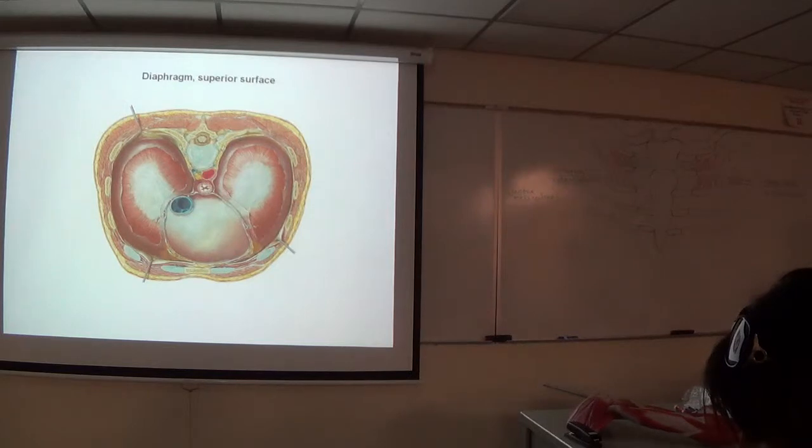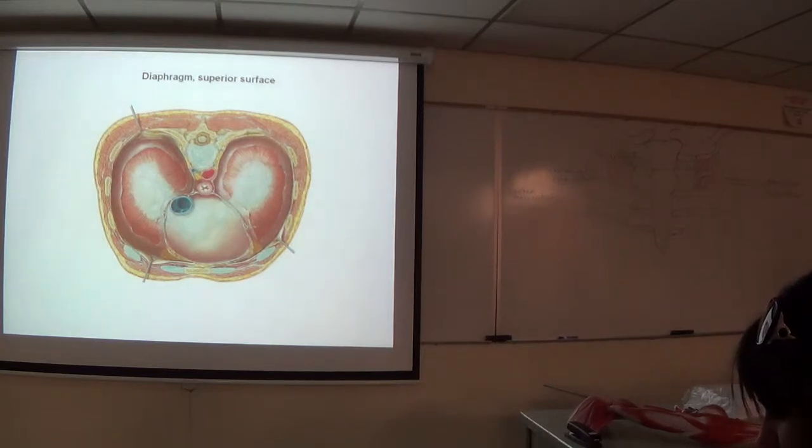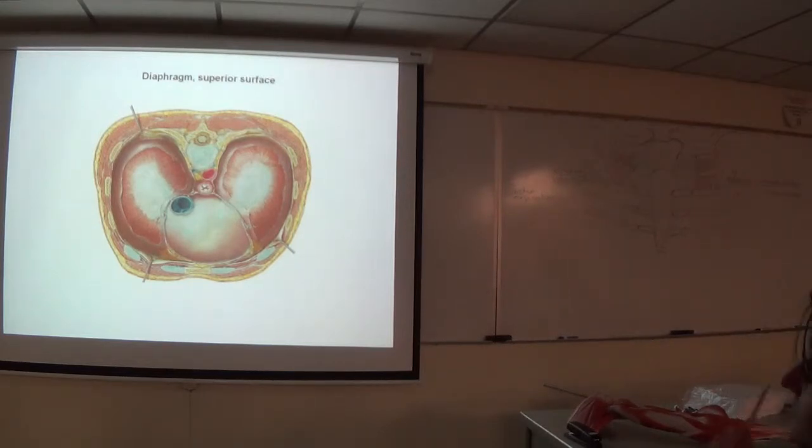When you breathe in, the diaphragm becomes lowered, so you increase the vertical distance, increasing the overall thoracic cavity volume. And then when you breathe out, the diaphragm raises, decreases the volume of the thoracic cavity, and causes the atmospheric pressure to become increased.